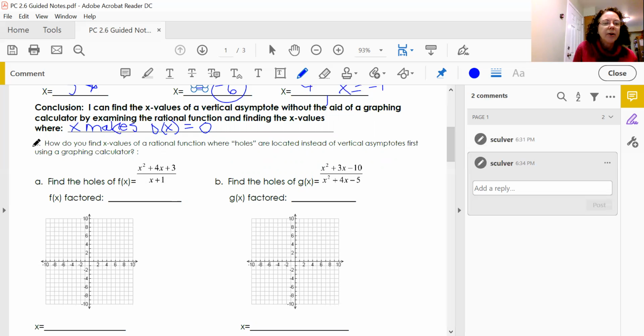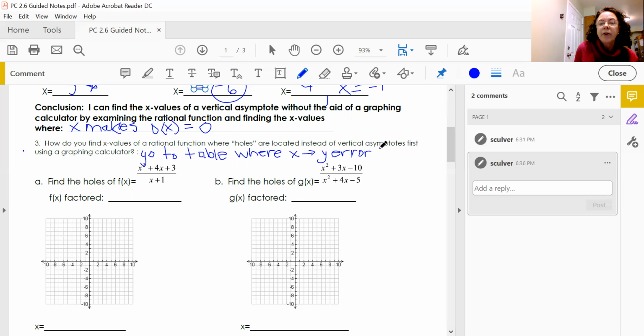So I'm going to write that right here. How do you find x values of a rational function where holes are located instead of vertical asymptotes? First, using a graphing calculator, and then we're going to transition to none. Go to the table, where you see x's where for y it says an error.